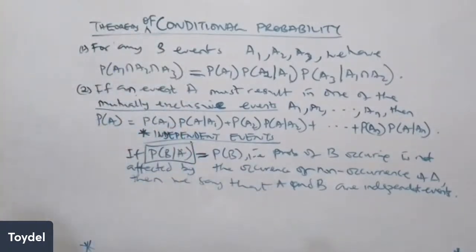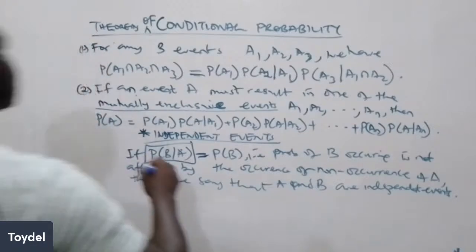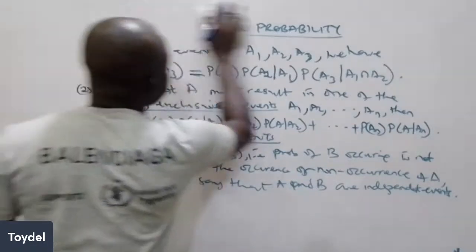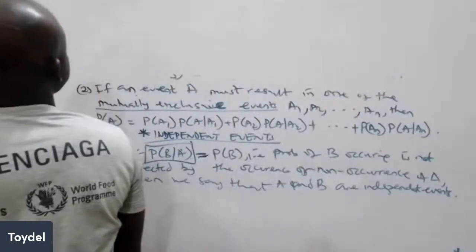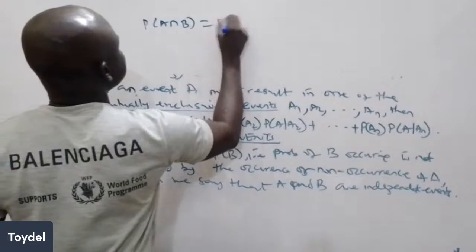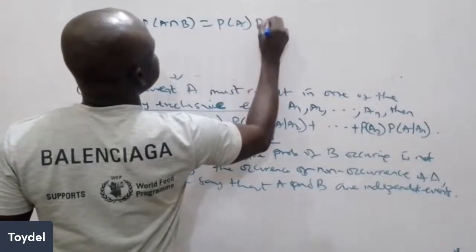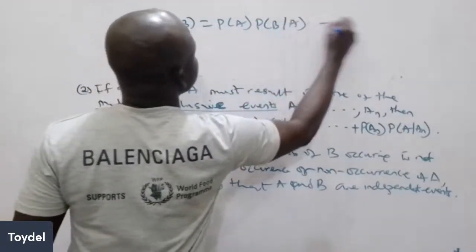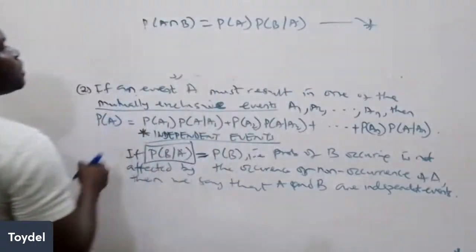Where the probability of B does not affect the probability of A, that means the two events are independent. And if that is the case, then the first formula that I gave the other time, which states that probability of A intersection B is equal to probability of A multiplied by probability of B, given that A has occurred, you can check, we have this formula before.